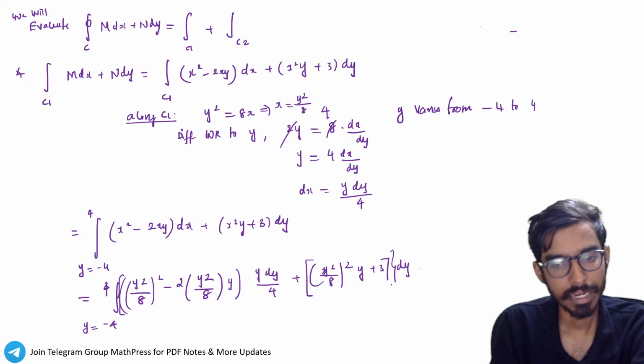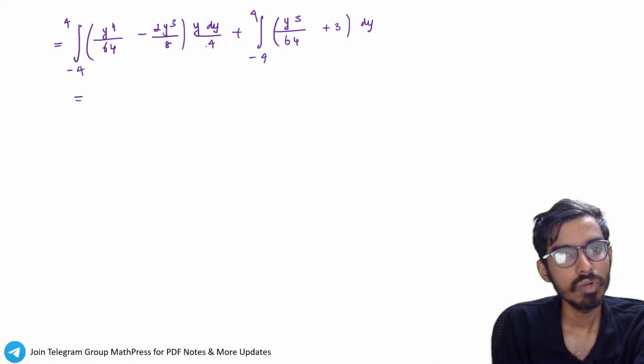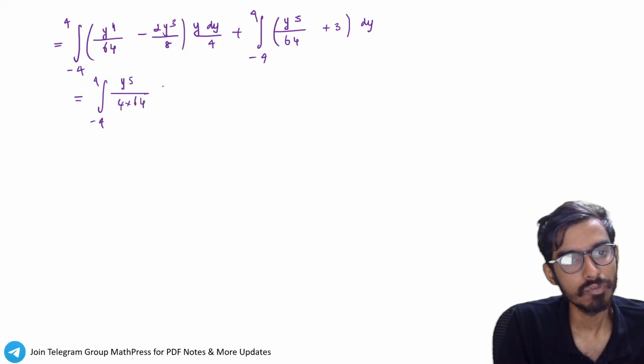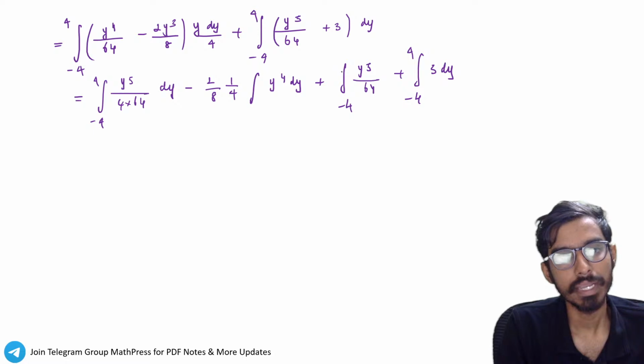Here we have the whole bracket. So now if I multiply this y by 4 here, it will be the integration from -4 to 4 of y power 5 by 4 into 64 dy, minus 2 by 8 into 1 by 4 integration of y power 4 dy, and here we will have integration of y power 5 by 64 and integration of 3 dy, all from -4 to 4, right?